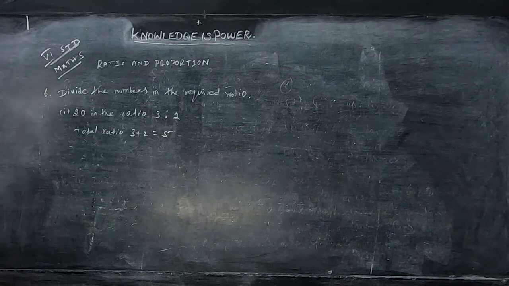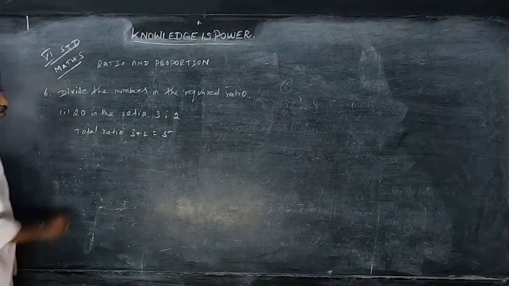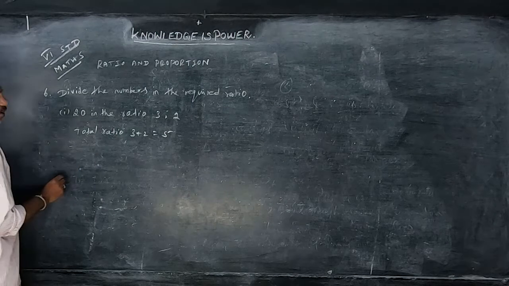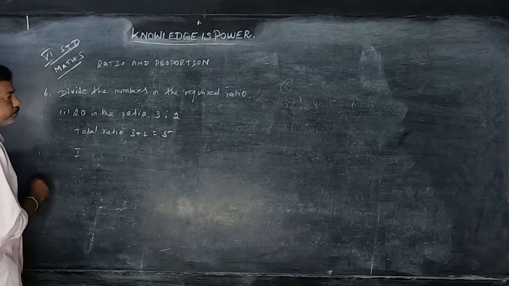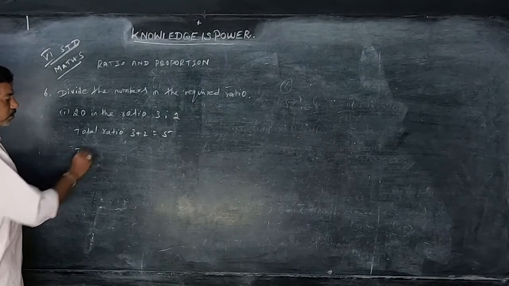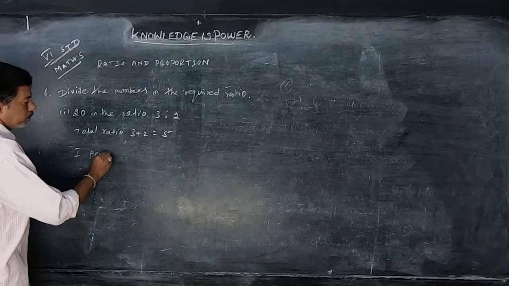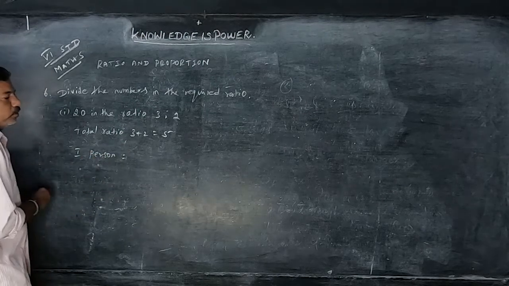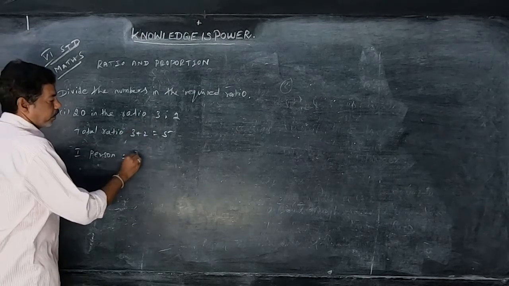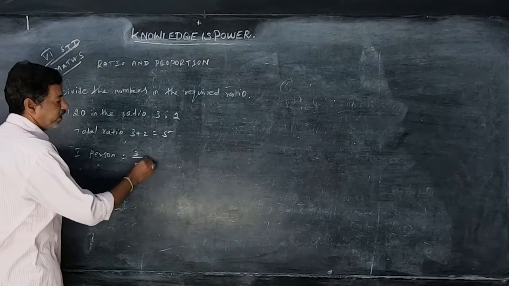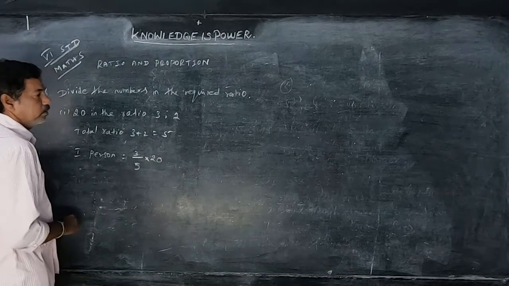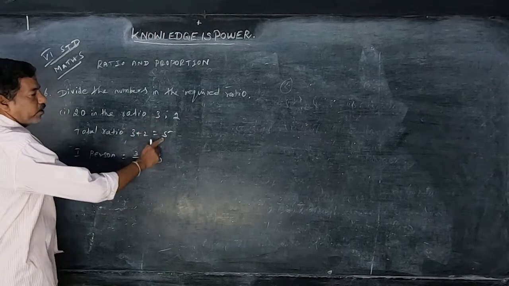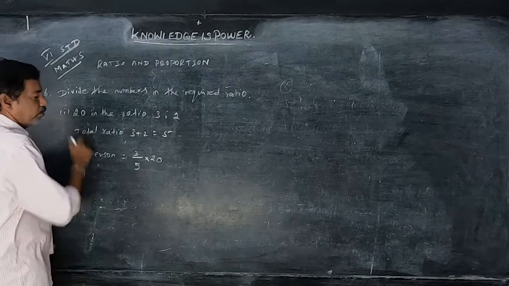First you have to add these two. Then the first person will get 3 by 5 into 20. You have to write the total ratio and this amount.